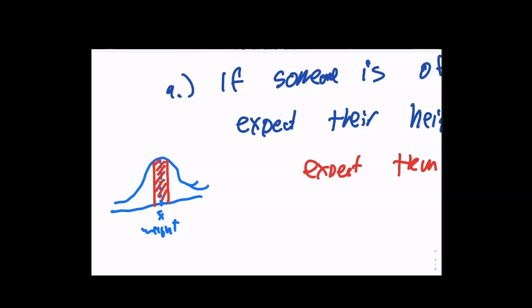So if you wanted your best chance to guess their weight, maybe within an inch or two, you should guess the average. First, you would have to calculate and get some data to find what the average weight is. But if you knew the average weight, that's what you would guess.